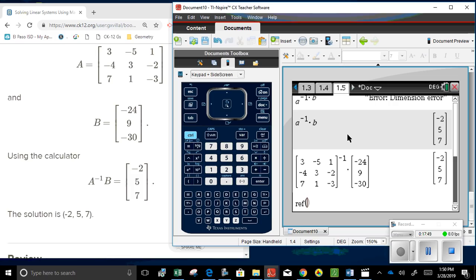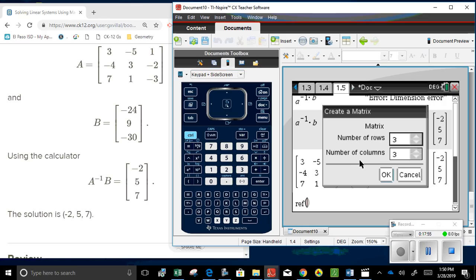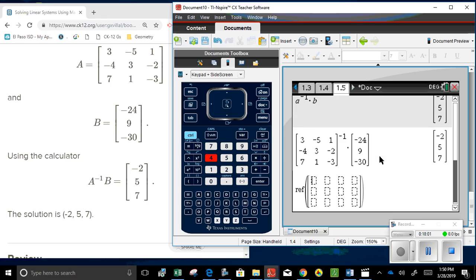It just types that. Then I go up here, and I do toolbar matrix. This is going to be 3 rows by 4 columns. Why? Because it's 3, tab, -5, tab, 1, tab, -24.